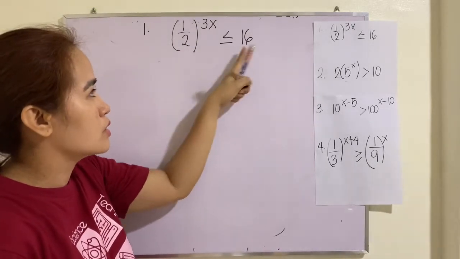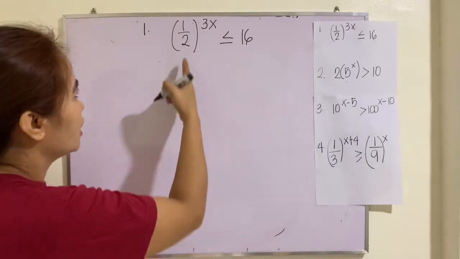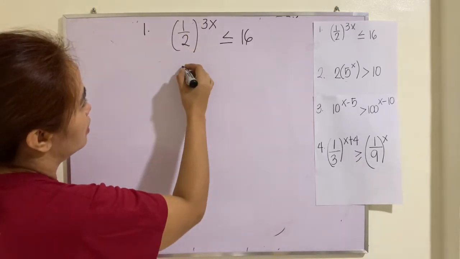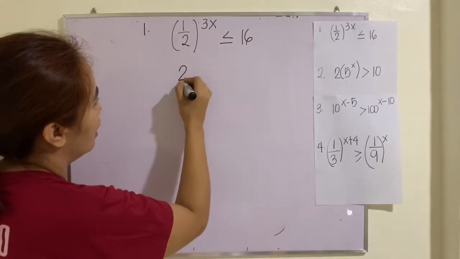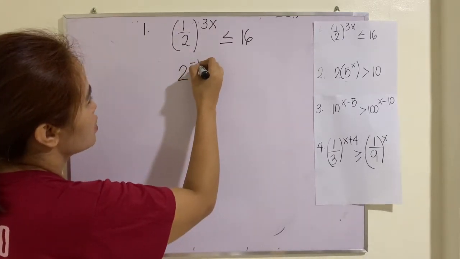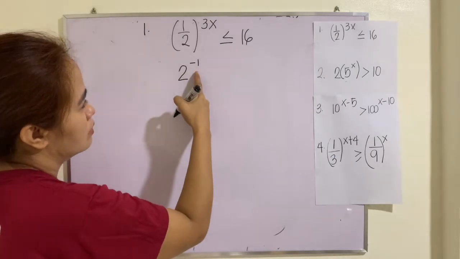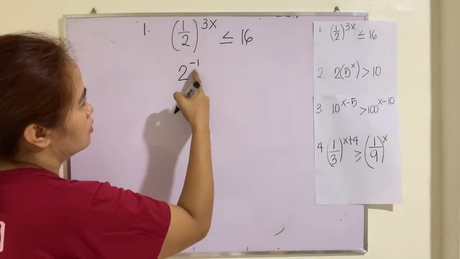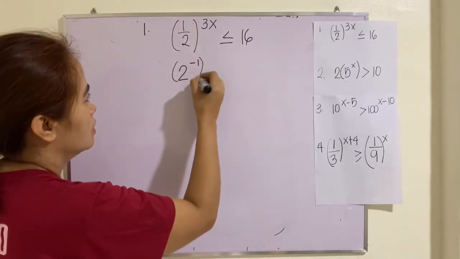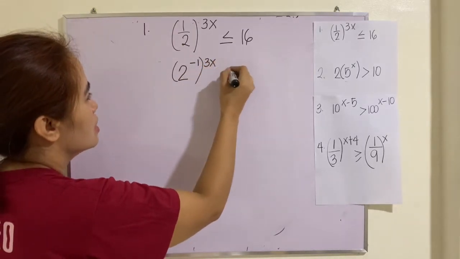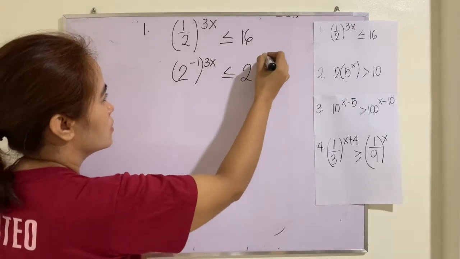This is a fraction and this one is a whole number. But we can put this in the numerator by making the exponent negative. So this one is 2 raised to negative 1. 2 raised to negative 1 is equal to 1/2. So 2 raised to negative 1, 3x, less than 2 raised to 4.